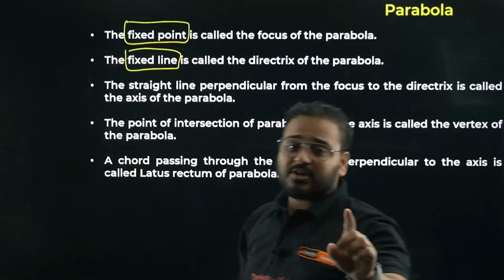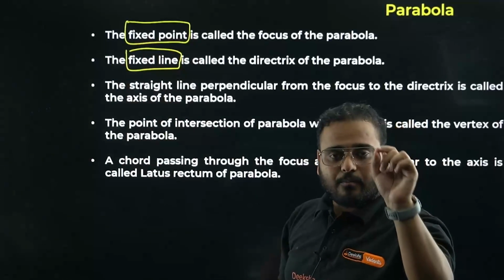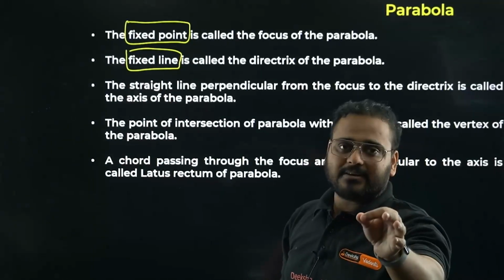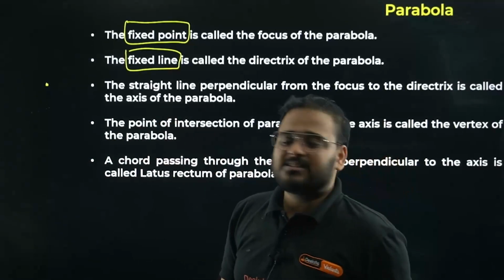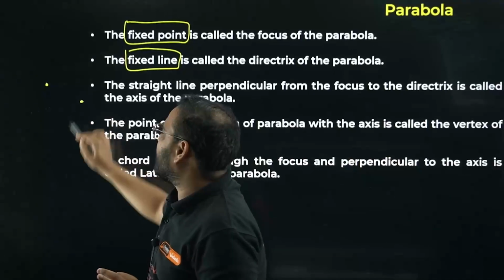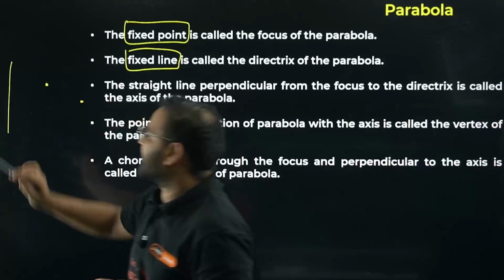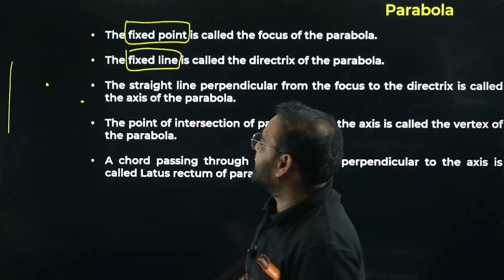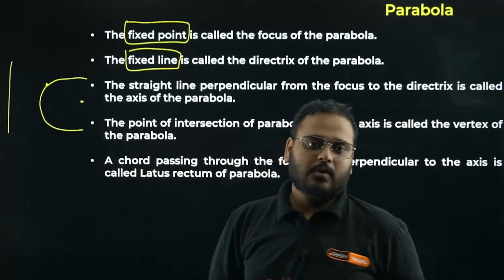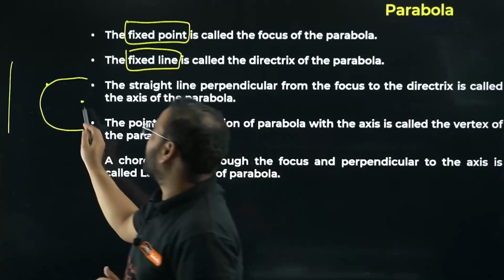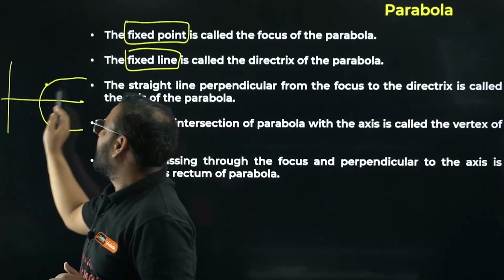And the definition is: the locus of the point which is at an equal distance from the fixed point and the fixed line. If you take the path of that, you'll get this path, and this is called a parabola.